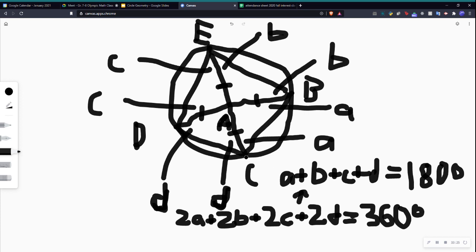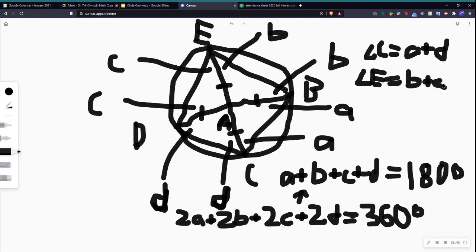Notice that angle C is just A plus D. So this is angle A, this is angle D. Here we have angle E. Angle E is just B plus C. So if you add all these together, you have A plus B plus C plus D, which gives you 180 degrees. So you have one of each variable to get you 180 degrees. That means angle C plus angle E equals 180 degrees.